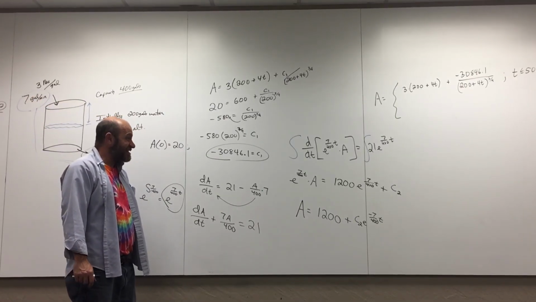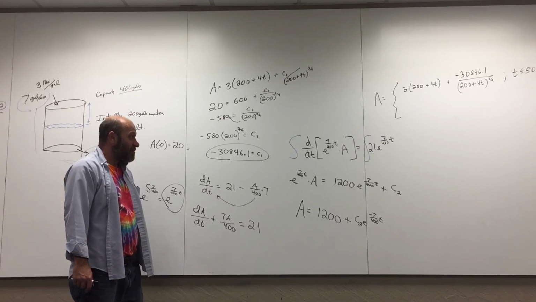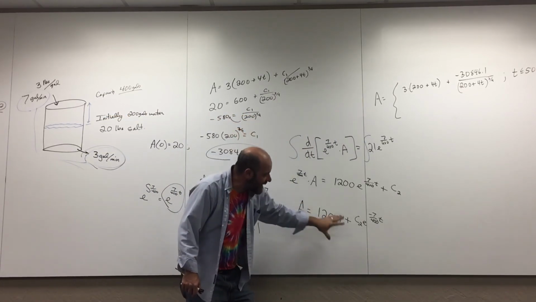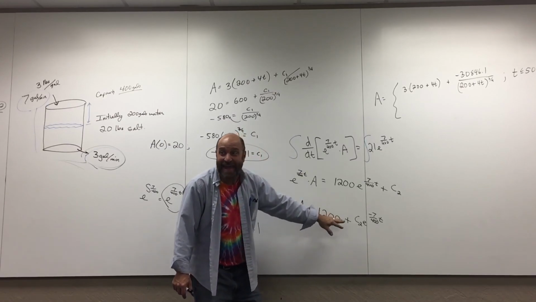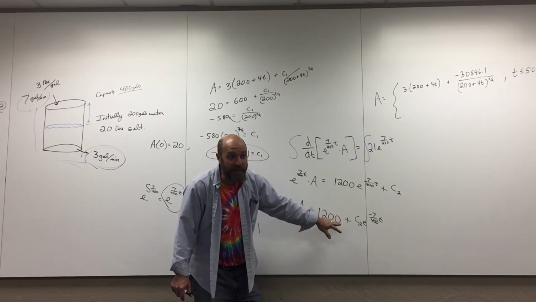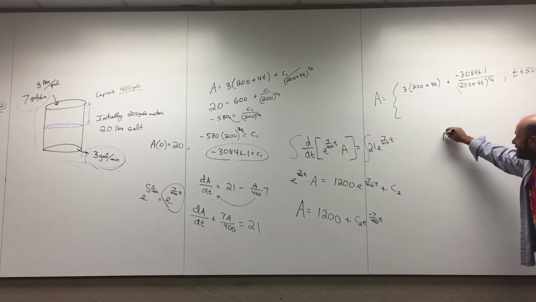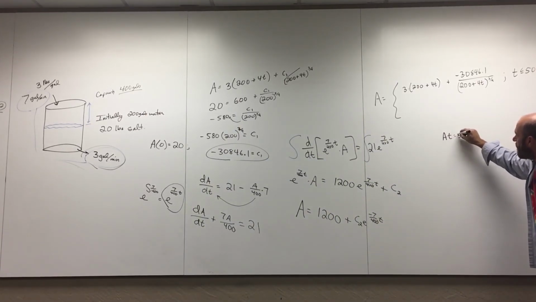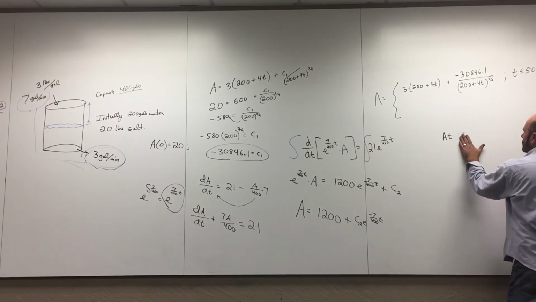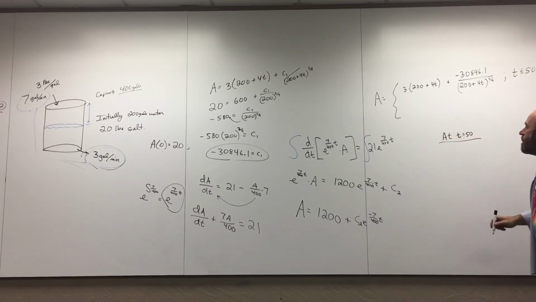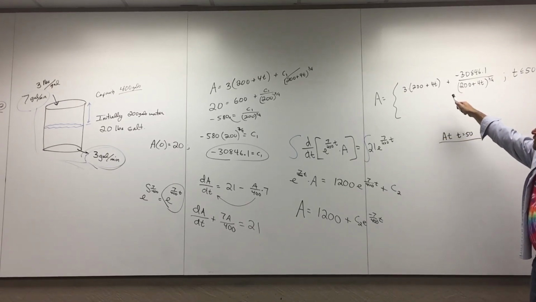How do I find that C2? Set that top piece of the DE equal to the second piece of the DE at t equals 50. You're right. At t equals 50, I would plug 50 in here.